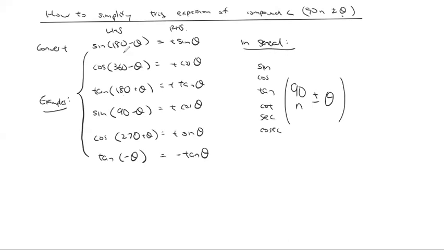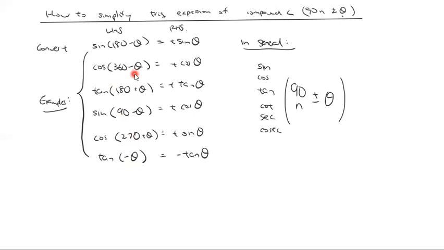So it could be 180, 360, 270, 90, 0. This would count as 0 minus theta. And you could have plus, or you could have minus, any of those combinations.